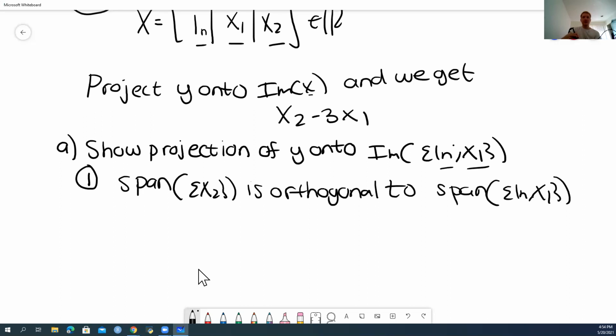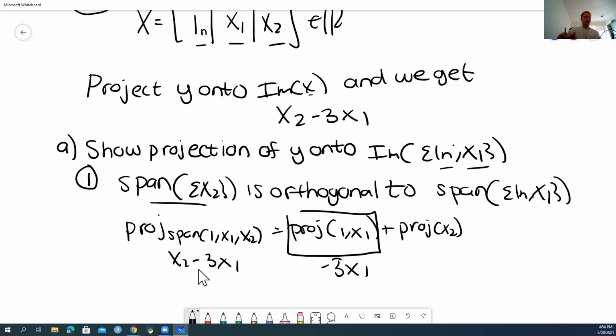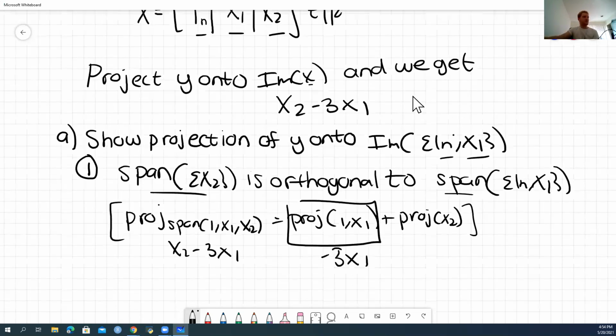This will allow us to write that the projection onto the span of 1n, x1, x2 is equal to the projection onto 1n and x1 plus the projection onto x2, and then that would mean this is equal to x2 minus 3x1, and what we're looking for would clearly be negative 3x1. So if we can show that this is orthogonal to this, and then prove this projection thing, then we can just answer the problem, okay?